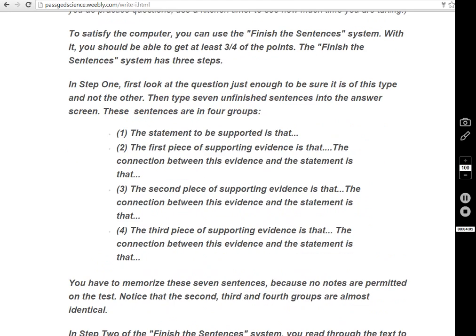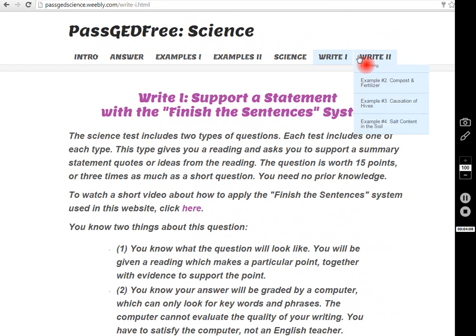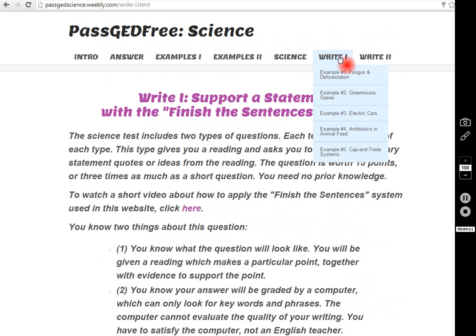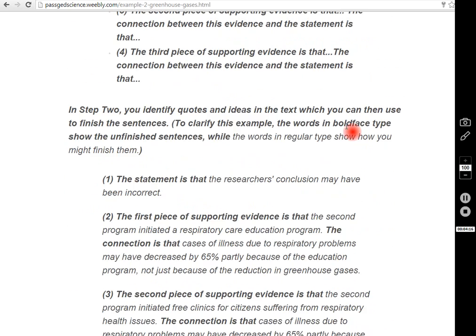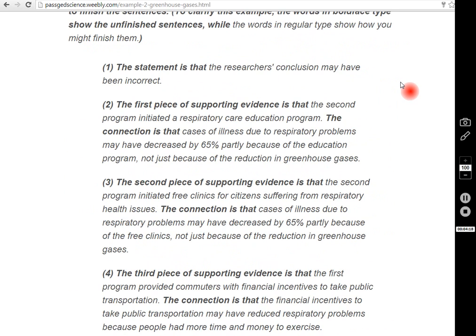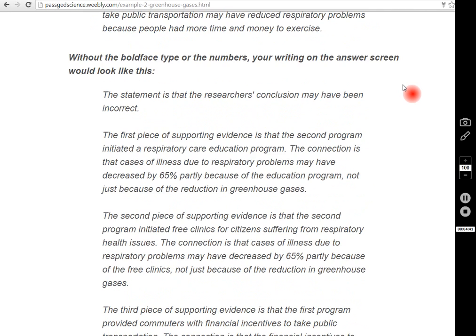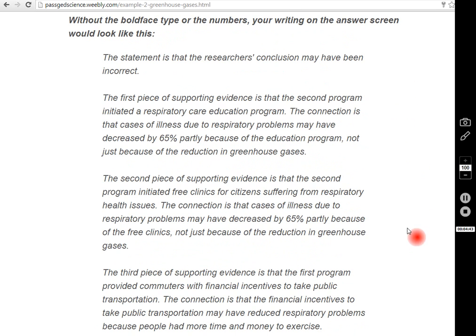So here, for example, in the science website is an example in which the bold-faced words are the original unfinished sentences you've typed into the answer box, and the words in regular type are the words that you might add to finish the sentences after you have studied the documents which have been supplied. So if you clean that up, your answer would look something like this.